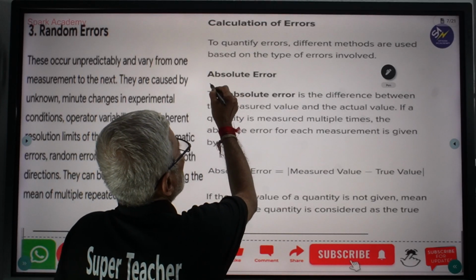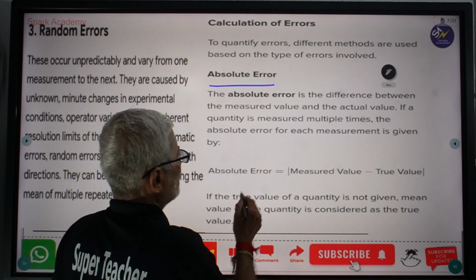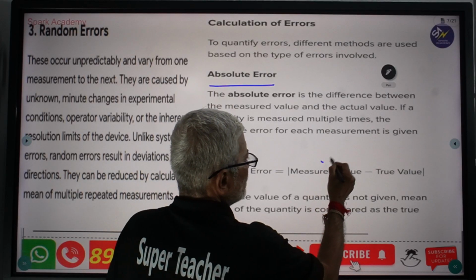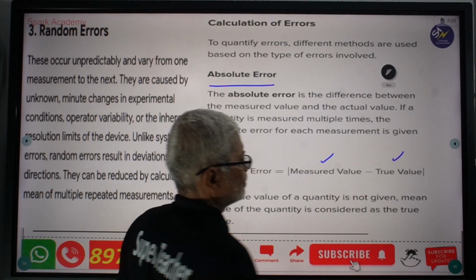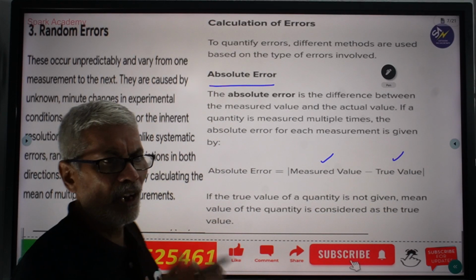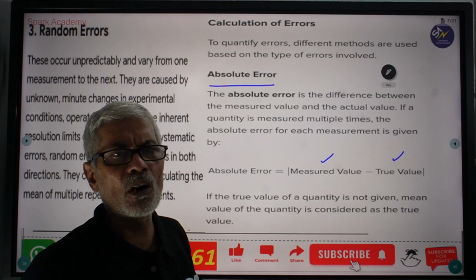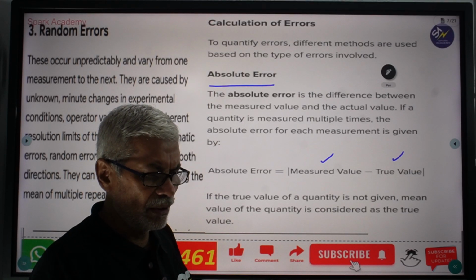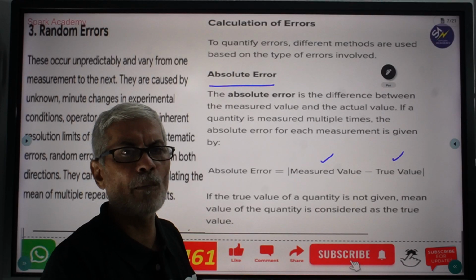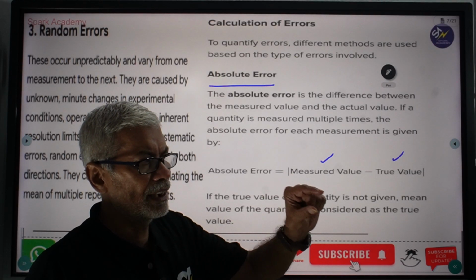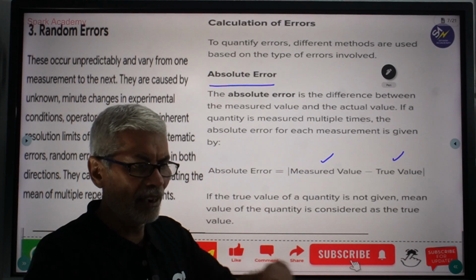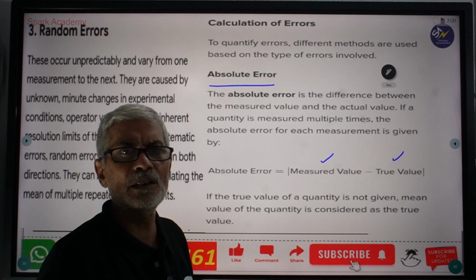Now, absolute error. What is absolute error? Absolute error is the difference between the measured value and the true value. Sometimes the true value will be given, sometimes not. Sometimes they will give the rigidity modulus of a copper wire. Then you find out in the lab the rigidity modulus of a copper wire.